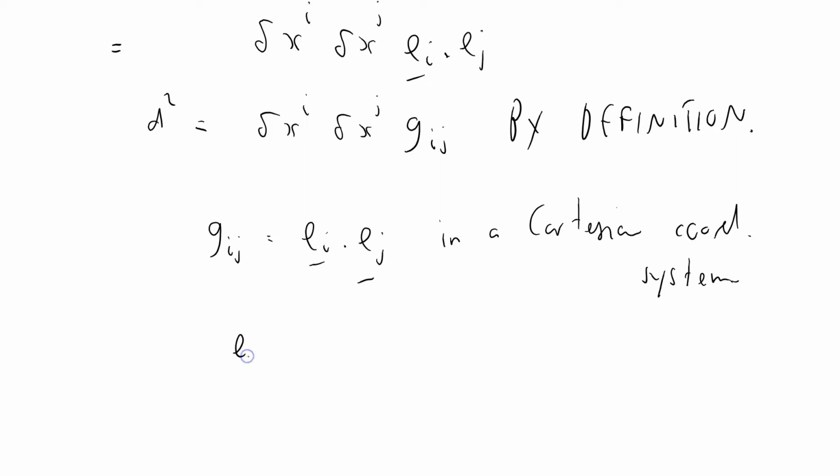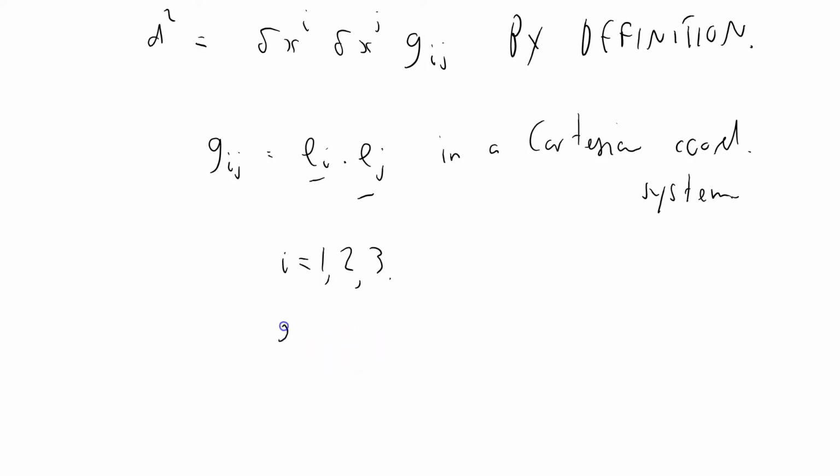Well, we know that i equals 1, 2, 3 correspond to x, y, and z, regular Cartesian. There are two ways to think about this.